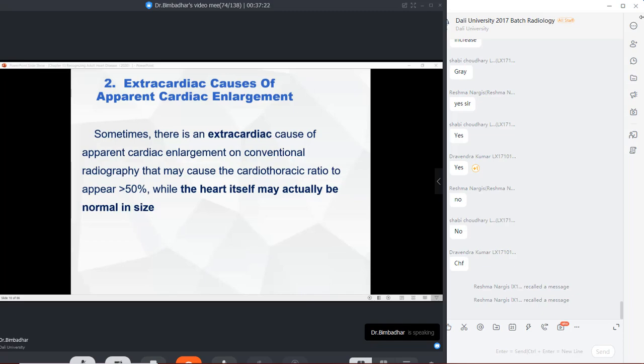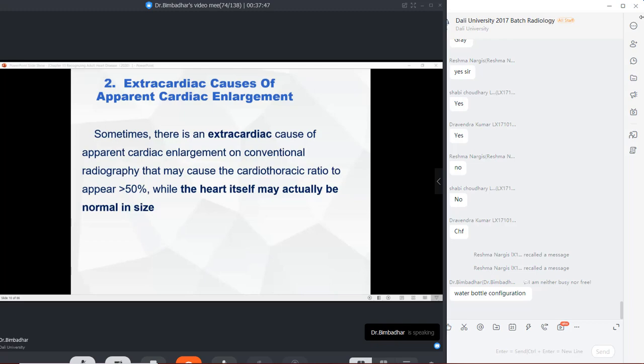Remember, this is a very important point. A pericardial effusion will make the heart appear like a water bottle, like a leather bag filled with water. Before, we did not have plastic bottles; we used to have only leather bags to carry water.